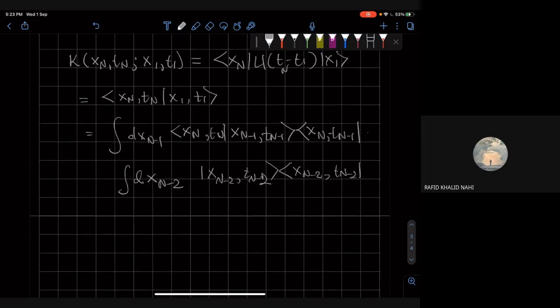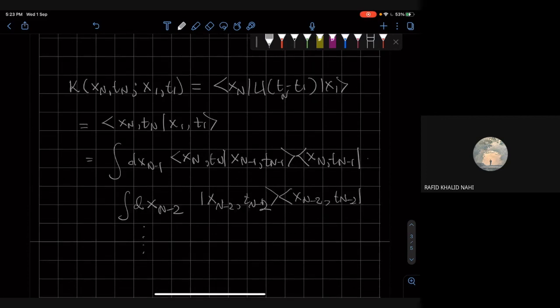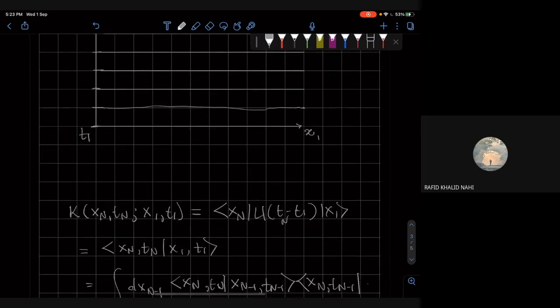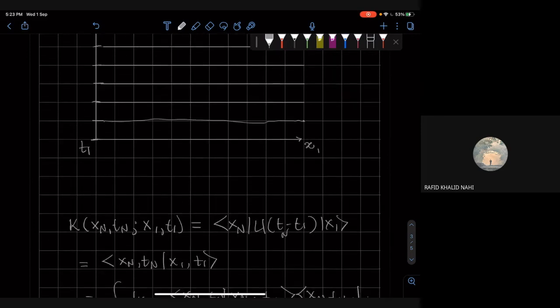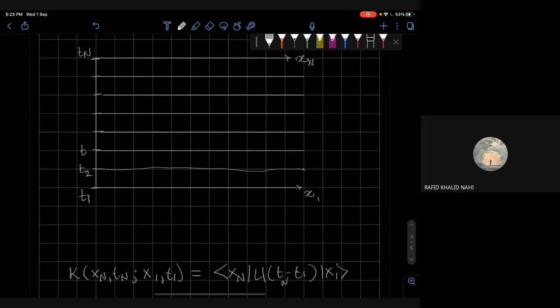Okay, and then we keep on doing this until we get to x2, which is this thing at time t2, right? So at all these times, we are integrating over all of this.